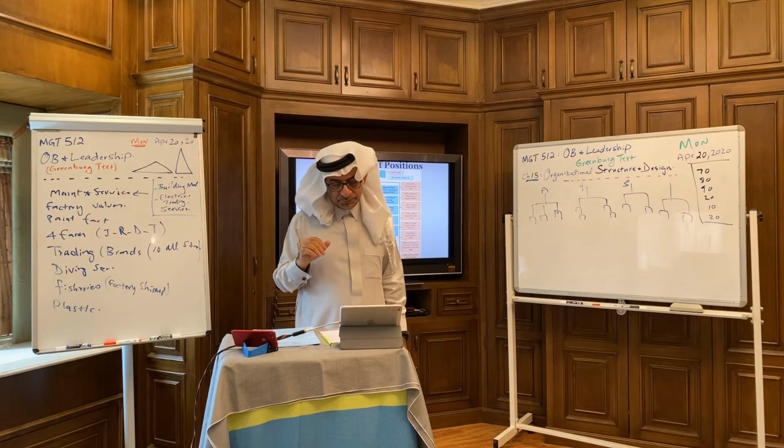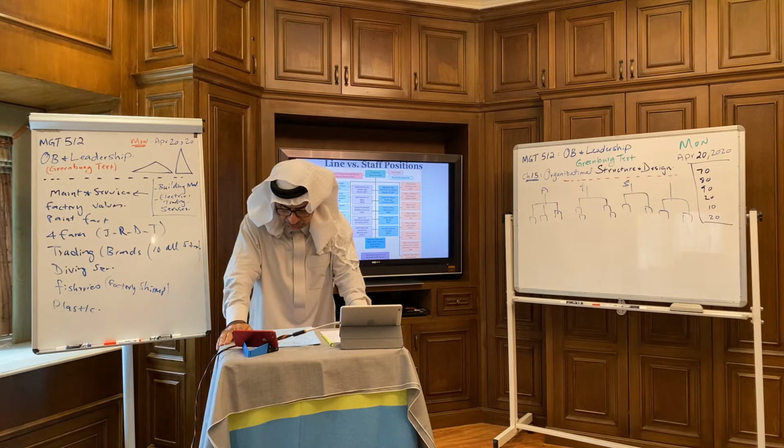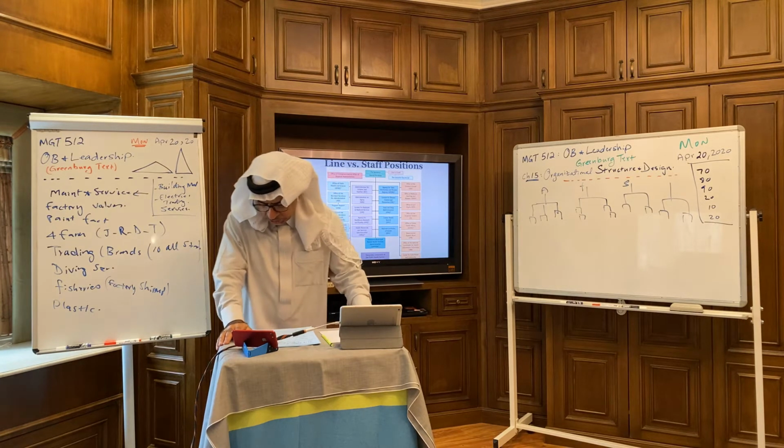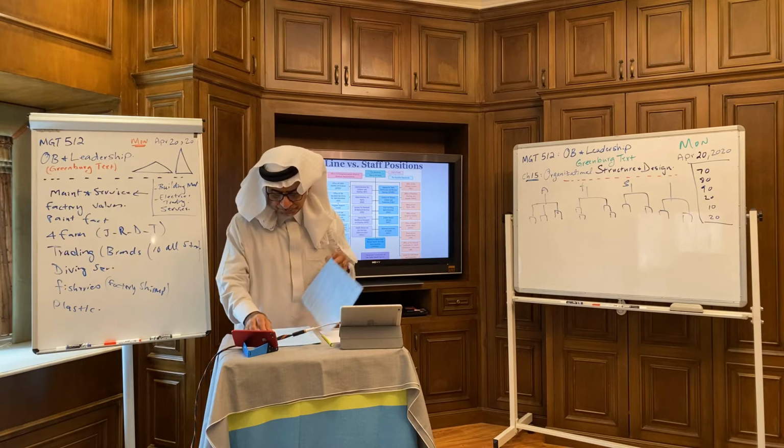A line position in an organization is one in which people can make decisions related to doing its job, doing its basic work.